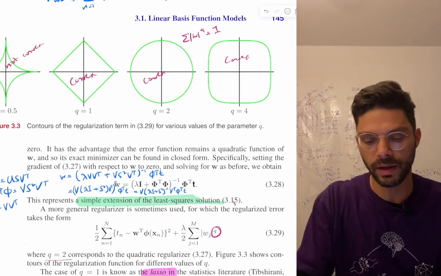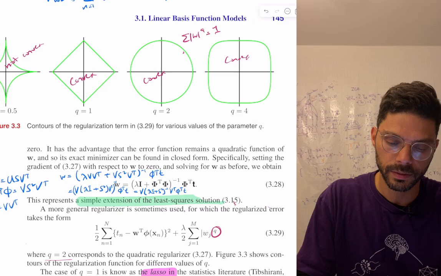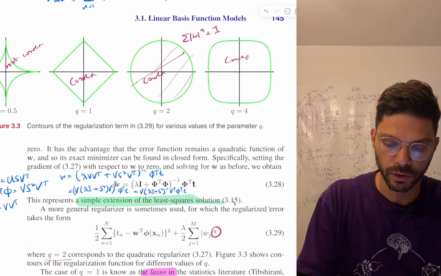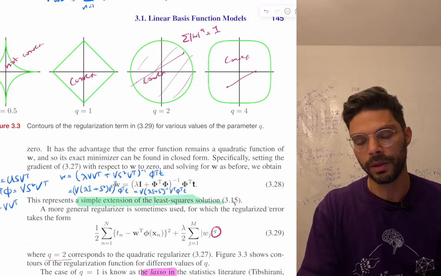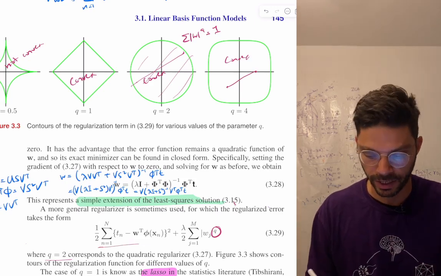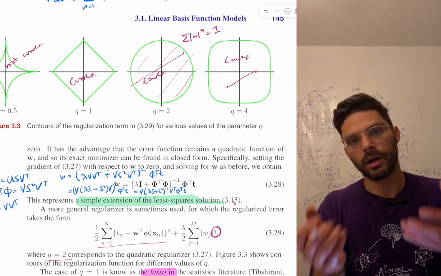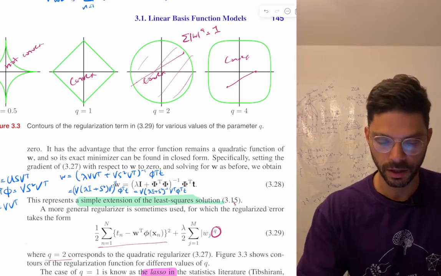Convex means that if you have any 2 points that are inside, then all the points in between are also inside your little circle here. And this can mean, if you combine it with the convex loss, an appropriately behaving loss like the squared loss, then your whole function will have this nice property that it's convex, and it will not have any local minima, and lots of nice things like that.